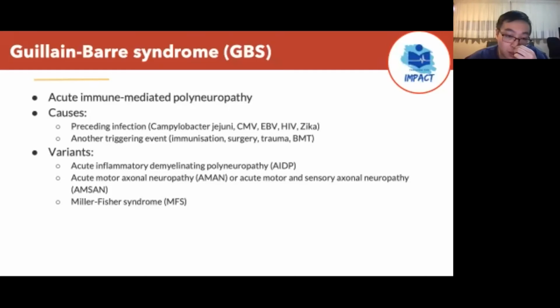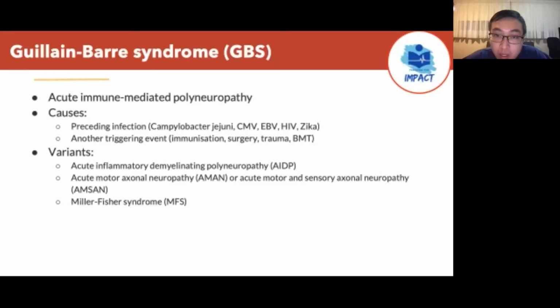And the thing about Miller-Fisher syndrome is that there's a blood test that is quite specific for it. Miller-Fisher syndrome is usually associated with antibodies against a ganglioside component of the nerve called GQ1B.